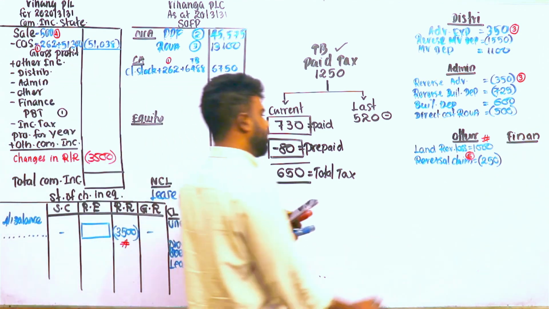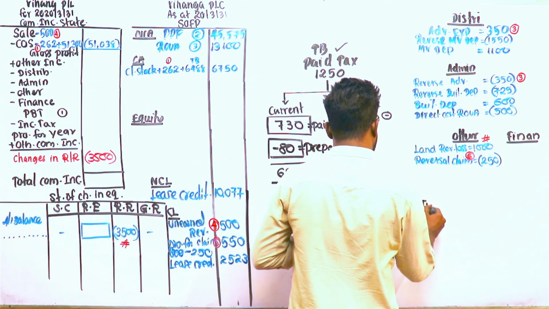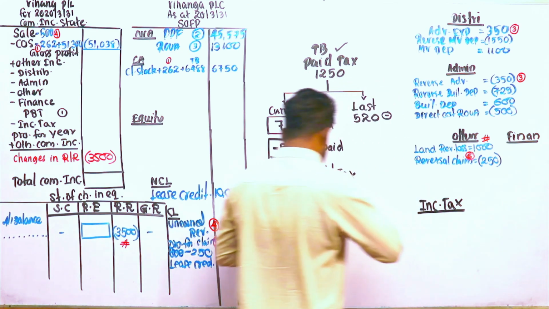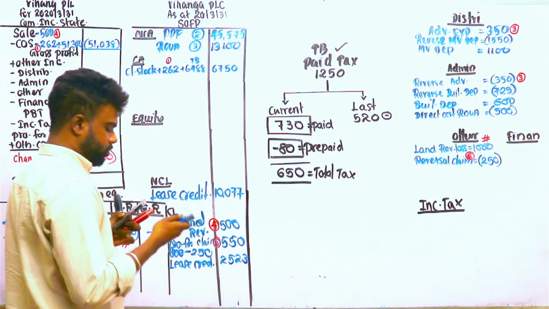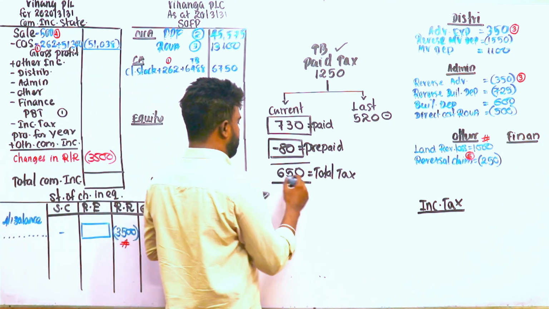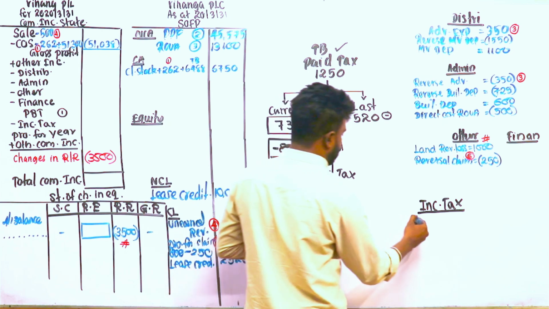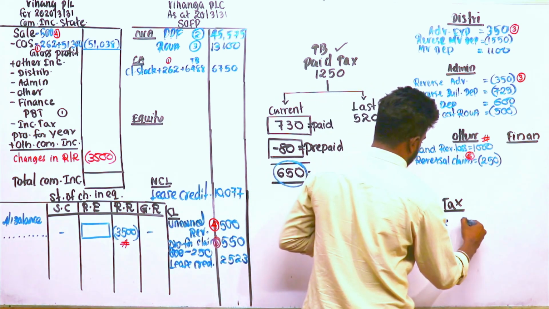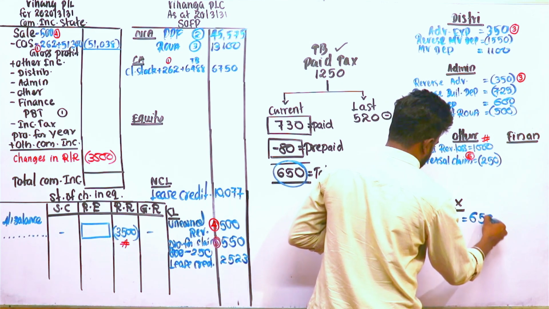So I'll take it under workings, income tax adjustments. This is the one you have to recognize as income tax expense, 650.